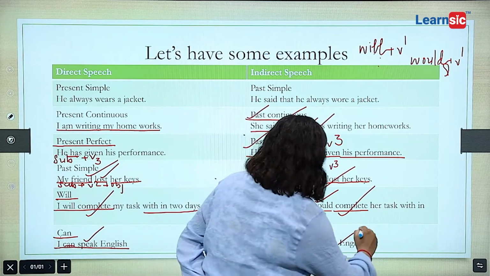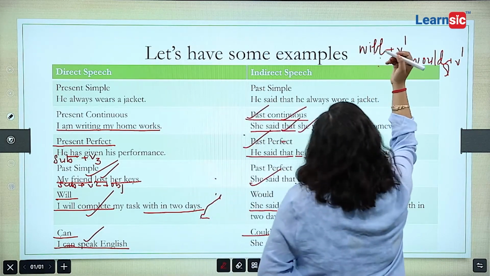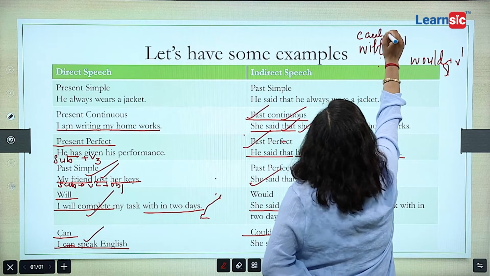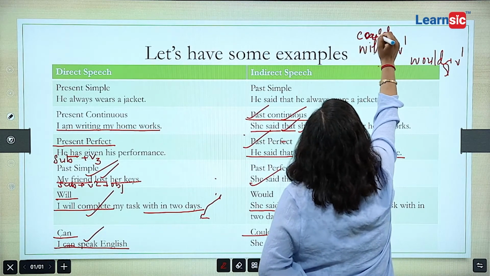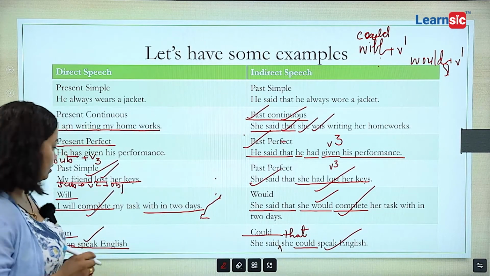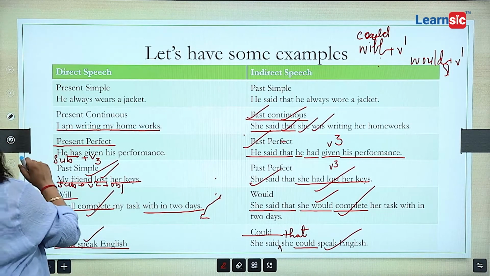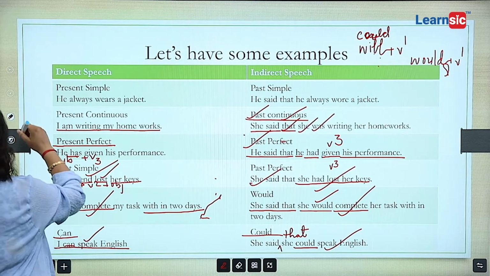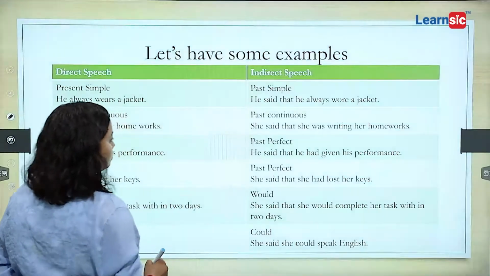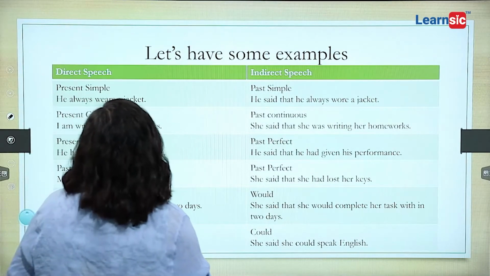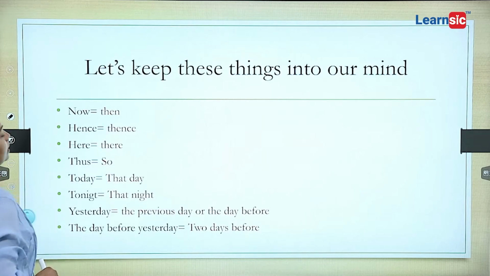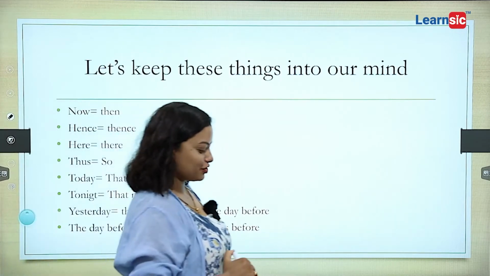She could speak English. Not only in the case of will, in the case of can, okay, could also, after could there will be verb 1 form. Let's keep these things in your mind.